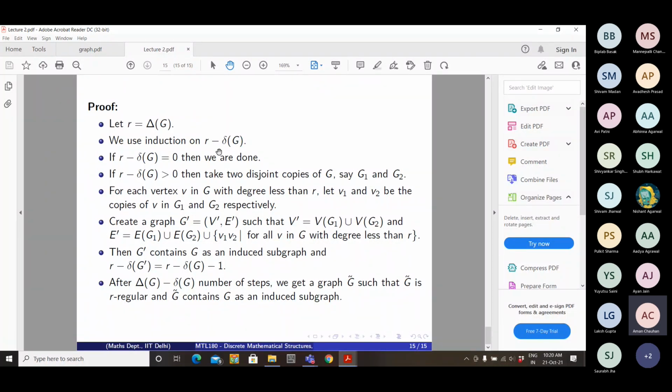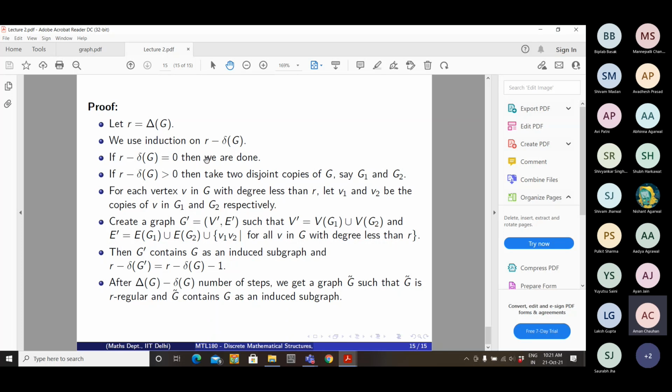If this difference is 0, that is, if maximum degree is equal to minimum degree, then this graph is already regular, right? But if the difference is positive, then there will be some vertex with degree less than Δ(G), different from this R.